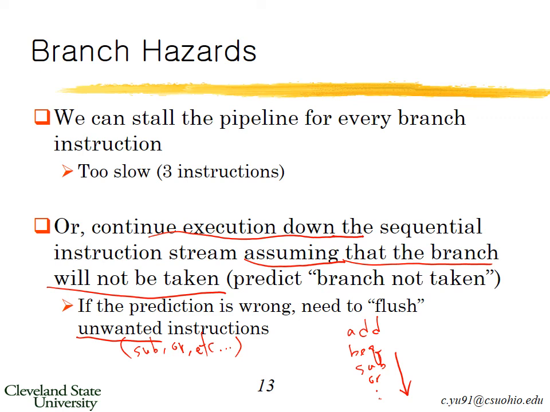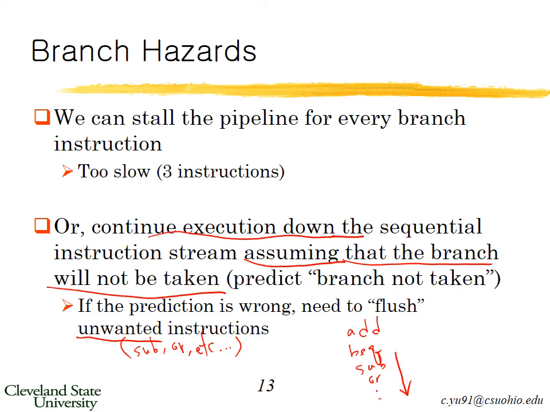So an alternative idea is to continue executing down the sequential instruction stream, assuming that the branch will not be taken. This is predict branch not taken. In other words, when there is an add instruction, branch instruction, subtract instruction, or OR instruction in sequential order, you just assume that the BEQ is not going to be taken. So you just continue executing the subtract instruction, OR instruction, and so on.